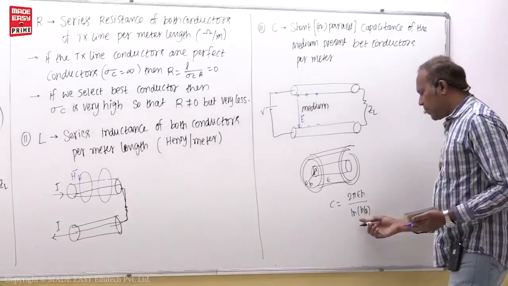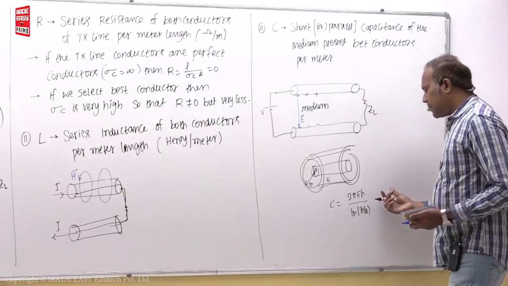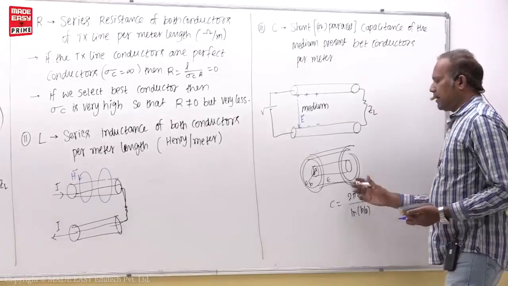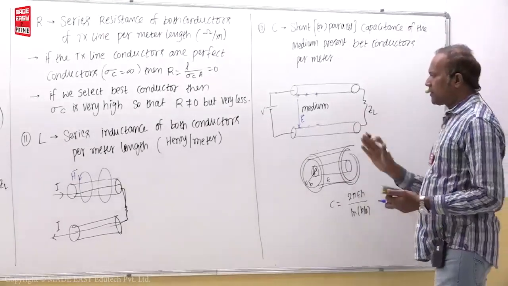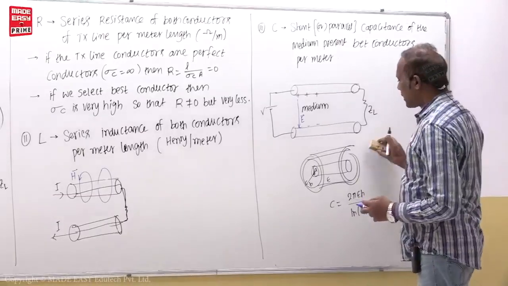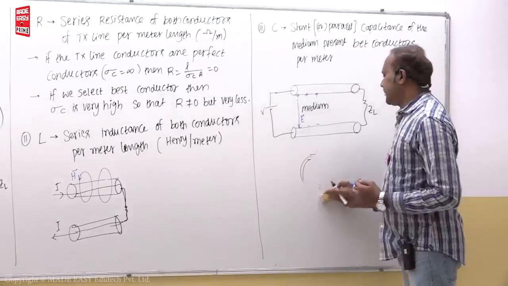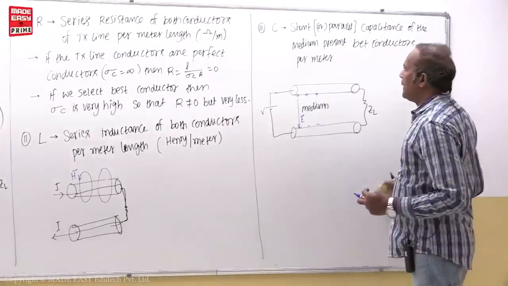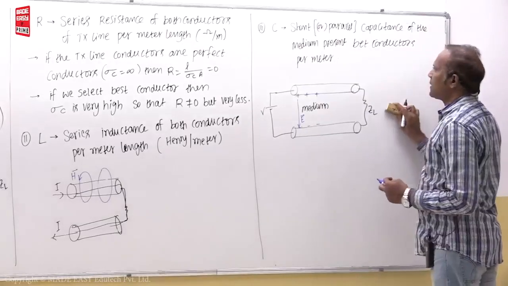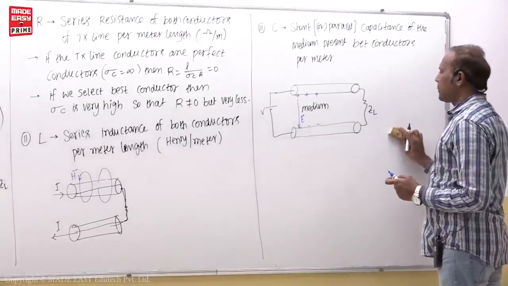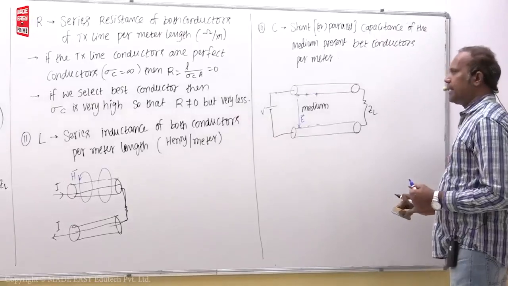So 2 pi epsilon divided by ln B by A is the capacitance per meter length. Like that, a formula is there here also; we will talk of that later on. So, shunt or parallel capacitance of the medium present between the conductors per meter length, dear students.